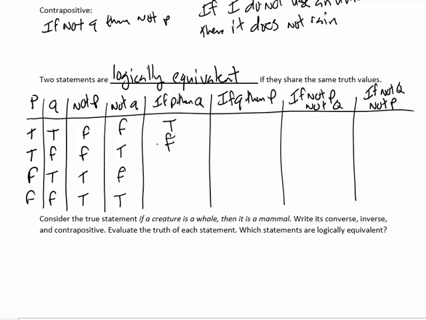If P is false and Q is true, well, Q is already true. It doesn't really matter what P said. And if P is false and Q is false, in other words the two falses, does the false P give me information about a false Q? That's actually a true statement.